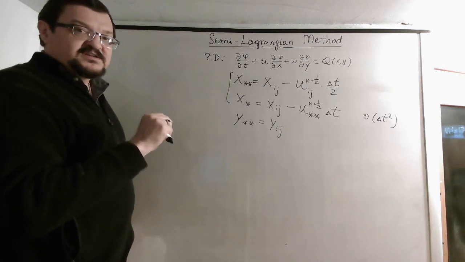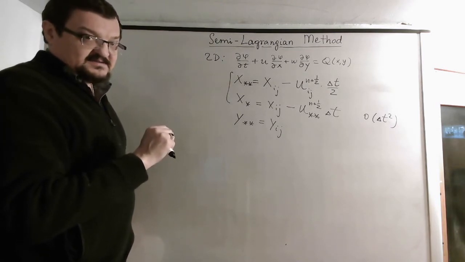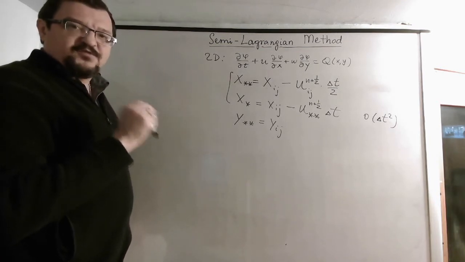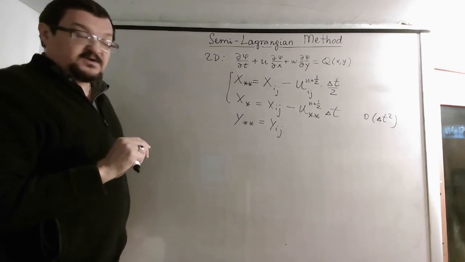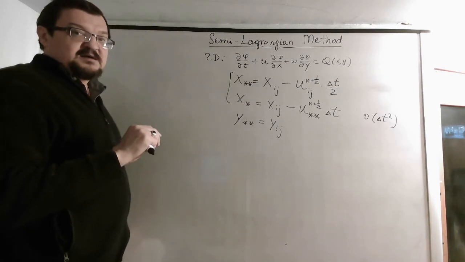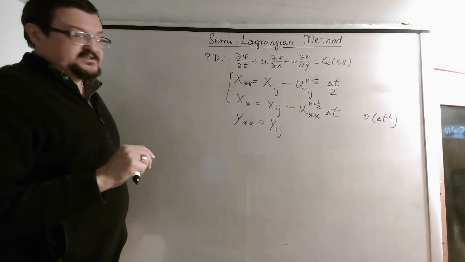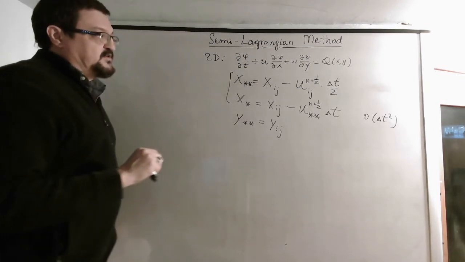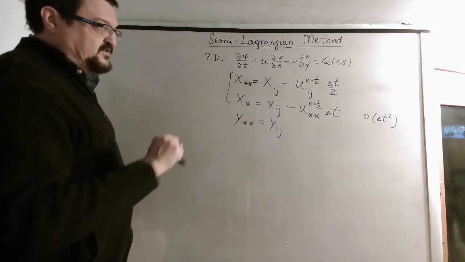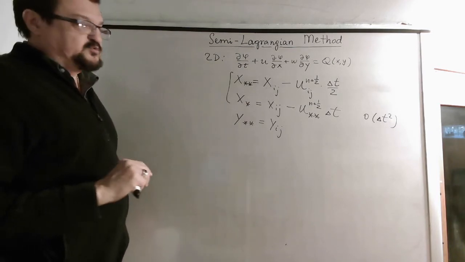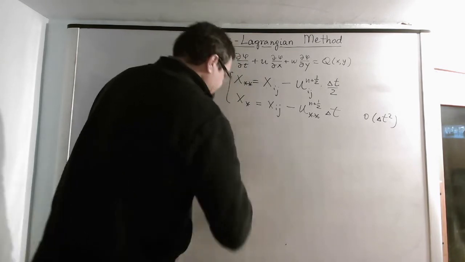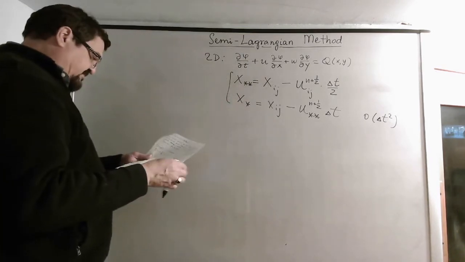So you need to run at Courant number much higher than 1. Not much higher, but let's say 2, 3, 4 times, or maybe 5 times higher than your maximum Courant number allowed by Eulerian grid. So that's why it's very important to use very high order interpolation techniques, not just first order. Otherwise your solution would be very inaccurate. So that's the essence of semi-Lagrangian method.